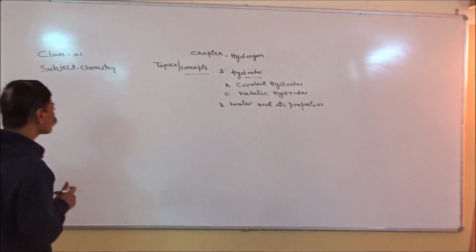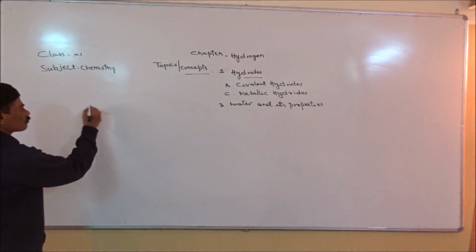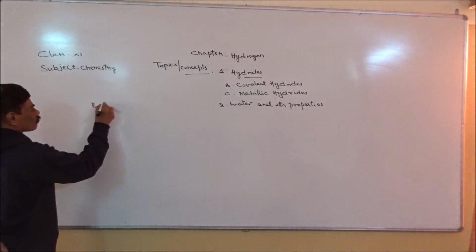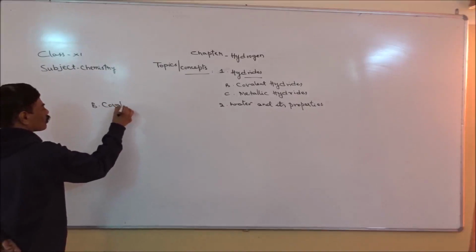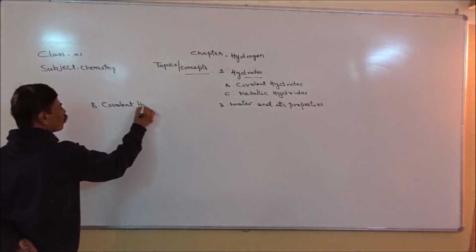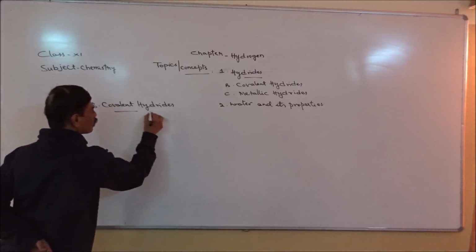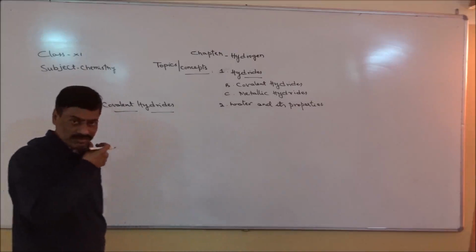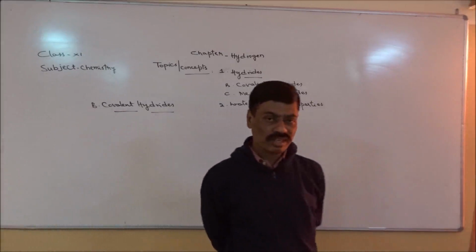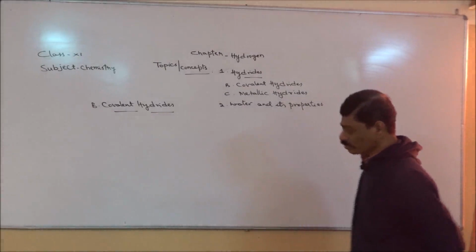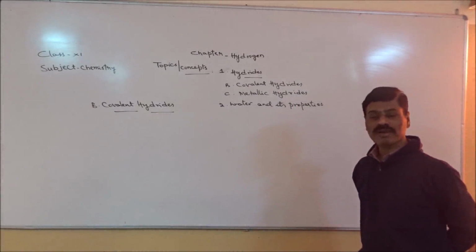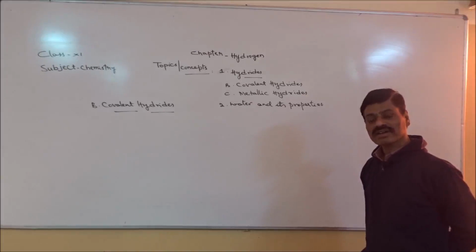Now let us see covalent hydrides first. Covalent hydrides. The name itself is informative. In chemistry, covalent means one which is formed by sharing of electrons.